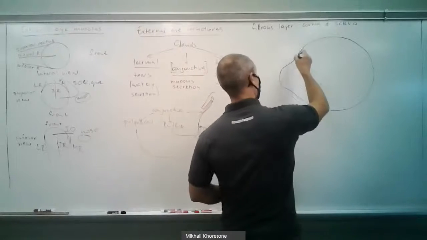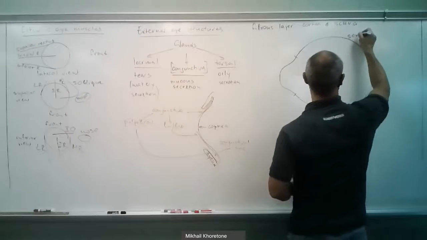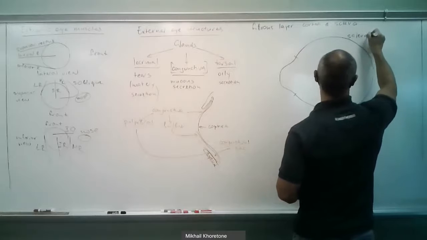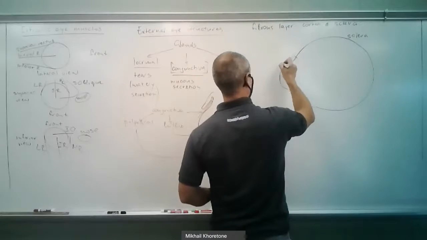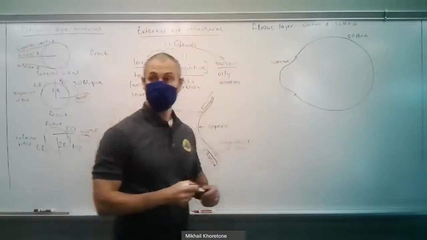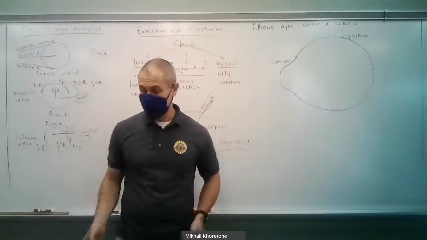This is the sclera, and this is the cornea. Sclera is the white of the eye, and you see why it's called sclera.